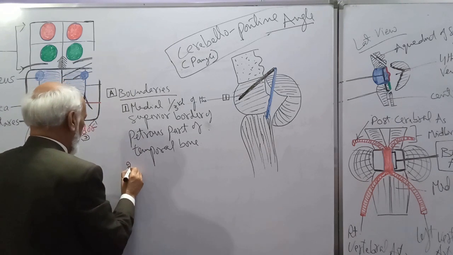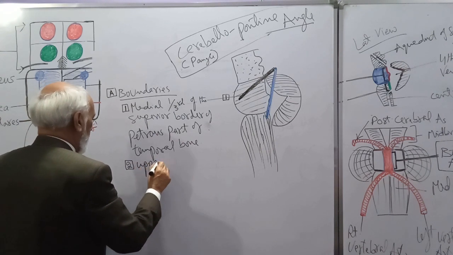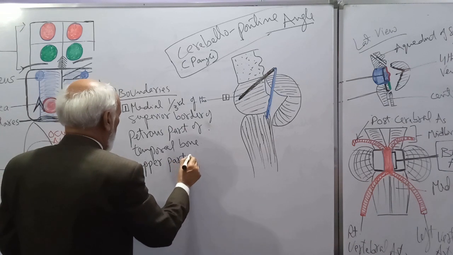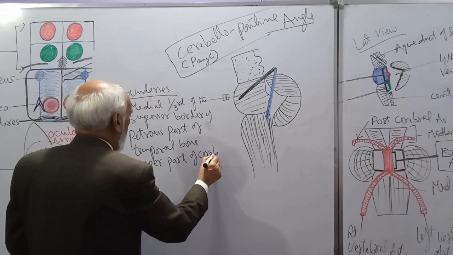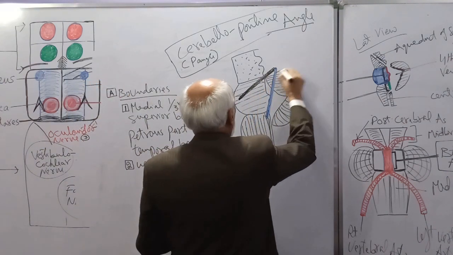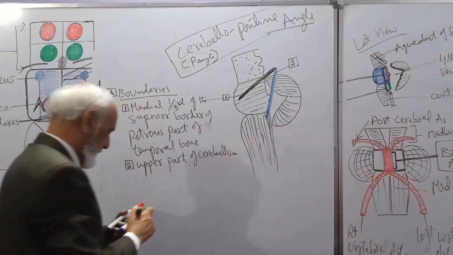Then number 2, the upper part of cerebellum. This is number 2.